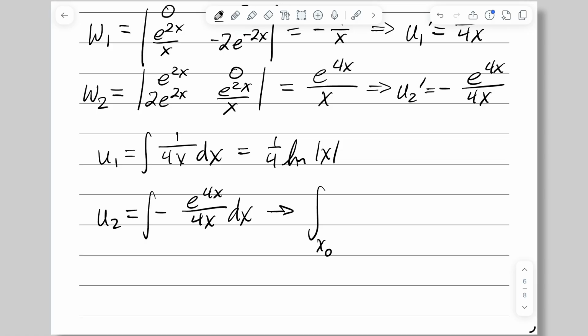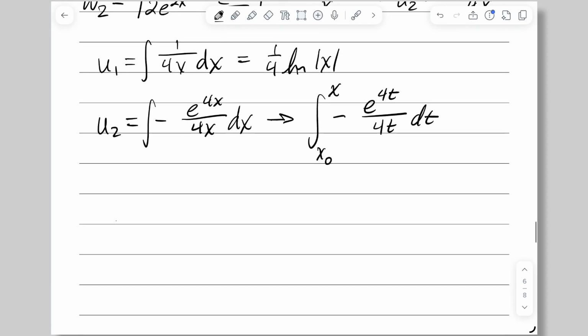But we don't have that, so we're just going to say x naught, some constant. Upper limit is x. And then the integrand is going to use the dummy variable t. So u2 is equal to the integral from x naught to x of negative e to the 4t over 4t dt. That's what we're going to use.